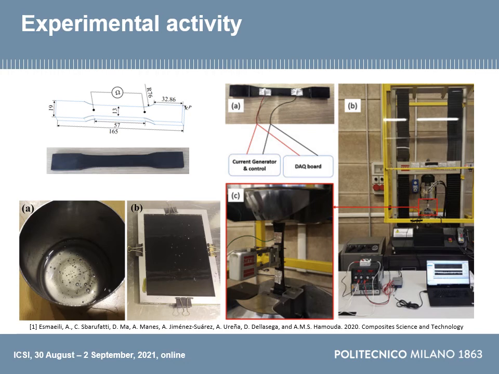Considering the experimental activity, we put multiple CNTs inside the epoxy, and these are some figures about the manufacturing process. And then we cut it into sample sheets. During the loading of the sample, we use wires to monitor the change of the conductivity, and more details can be found in our publication about this experimental work.